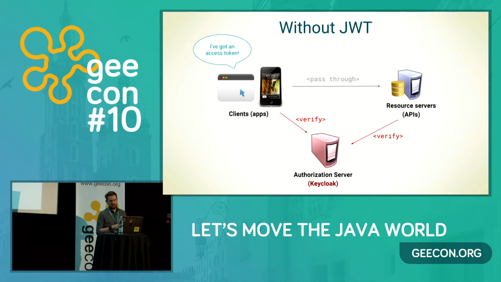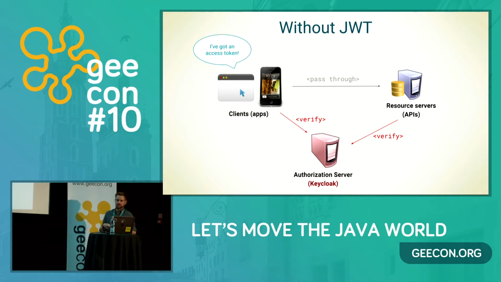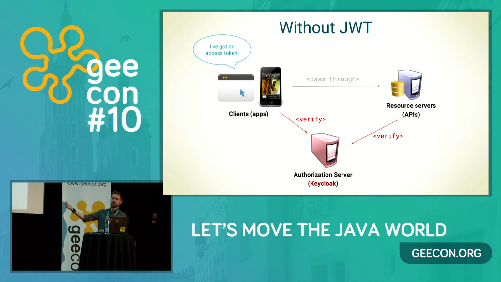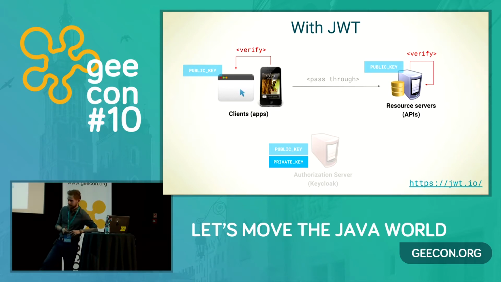That is not really pretty as far as the scalability of, not the application, but the authorization server is concerned. So this means that in every protected call, we should call the authorization server from every microservice we have. So it's not pretty. It doesn't scale really well. But instead, we've got JWT.